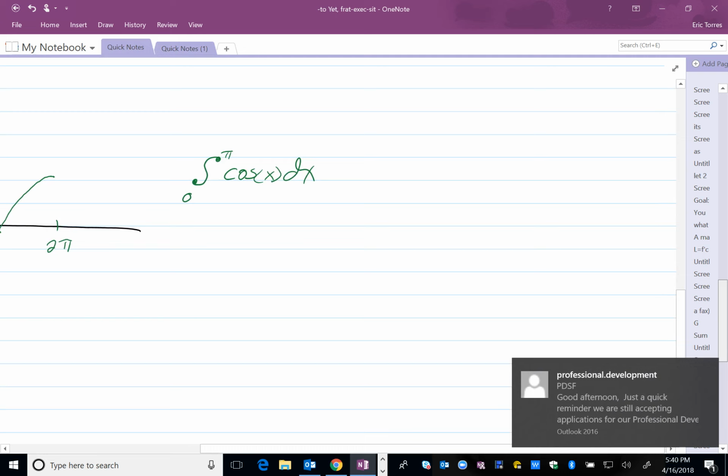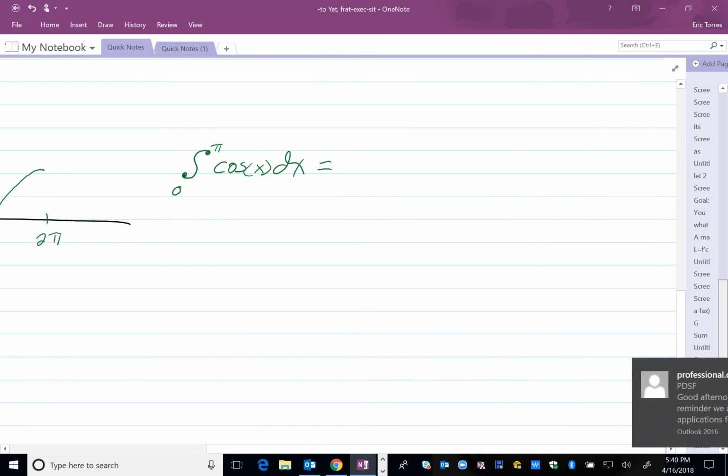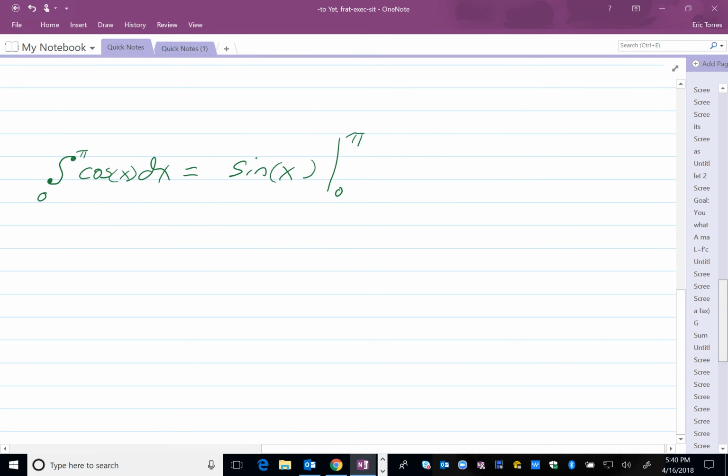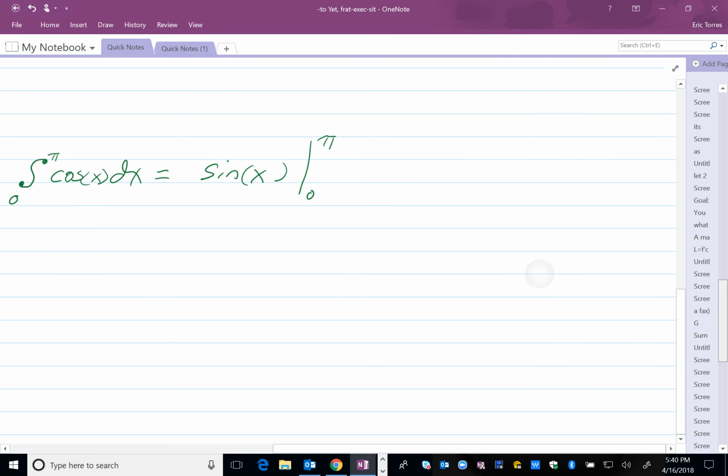So I take the antiderivative, and we're going to evaluate that from 0 to pi. And we're going to evaluate that by first plugging in the sine of pi, and then I'm going to subtract, plugging in the sine of 0.